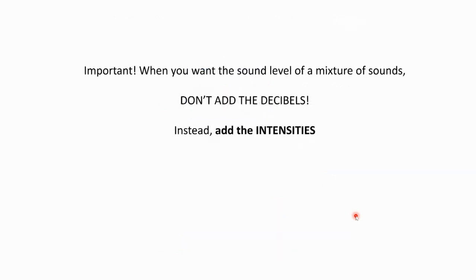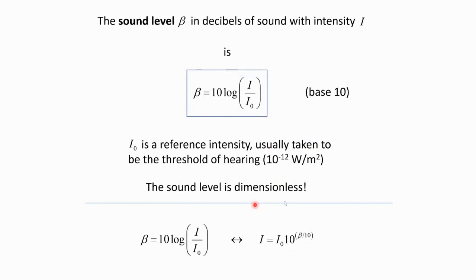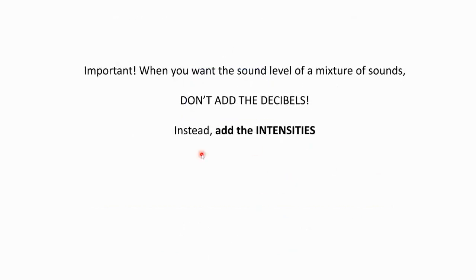And the important thing to remember when you use this formula is when you're mixing sounds. So suppose you're standing there listening to a trumpet player. You could measure the number of decibels, or you could express it in terms of the intensity of sound that you're receiving. And now if you've got another sound source, say another trumpet player, and you want to know what the sound level is, you don't add the number of decibels.